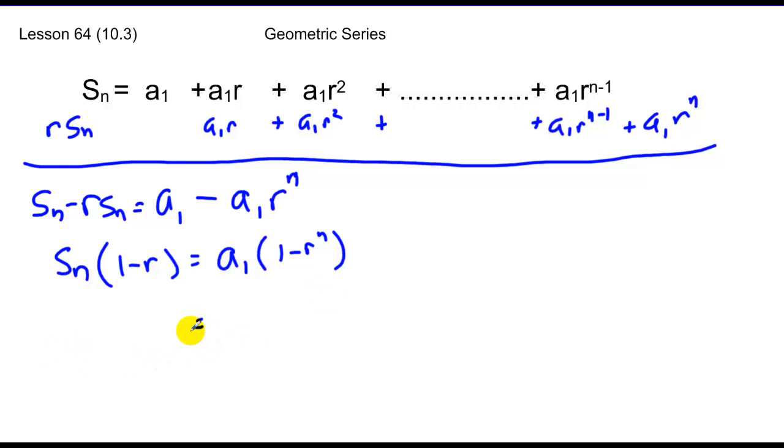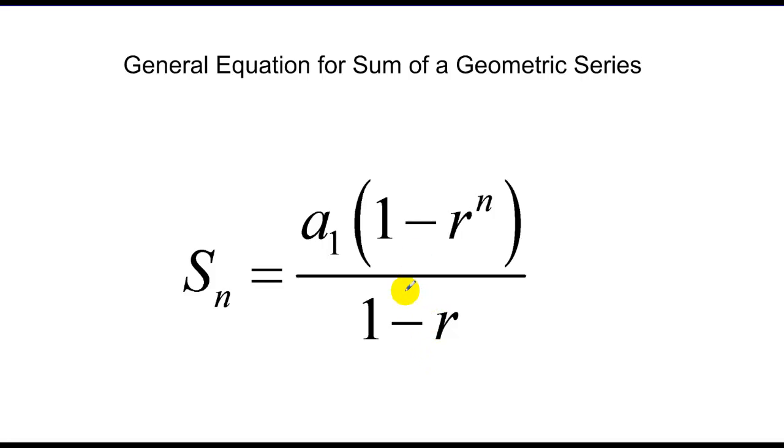And I end up with the sum equals the first term times 1 minus the ratio raised to the n power over 1 minus the ratio. And that's the formula we actually use. The sum of n terms in a geometric series is equal to the first term times 1 minus the ratio raised to the number of terms over 1 minus the ratio.